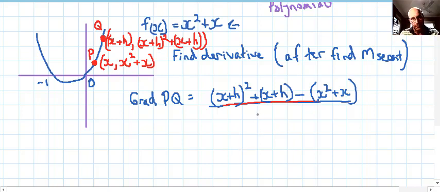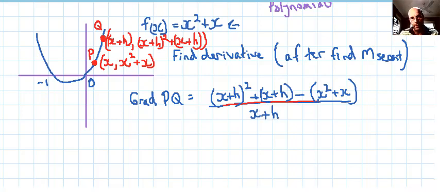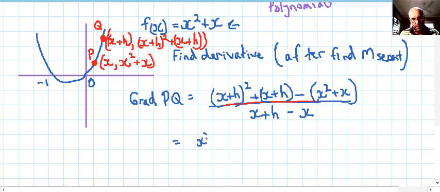Okay, and on the denominator we have x, I should say, x plus h minus x. We have x squared plus 2xh plus h squared plus x plus h minus x squared minus x.